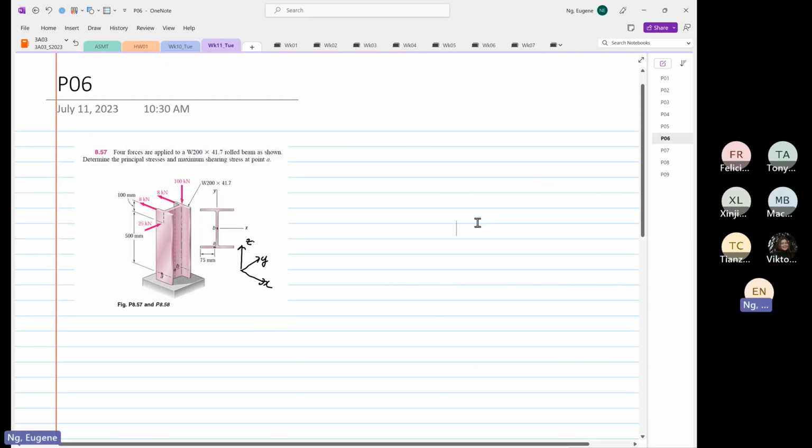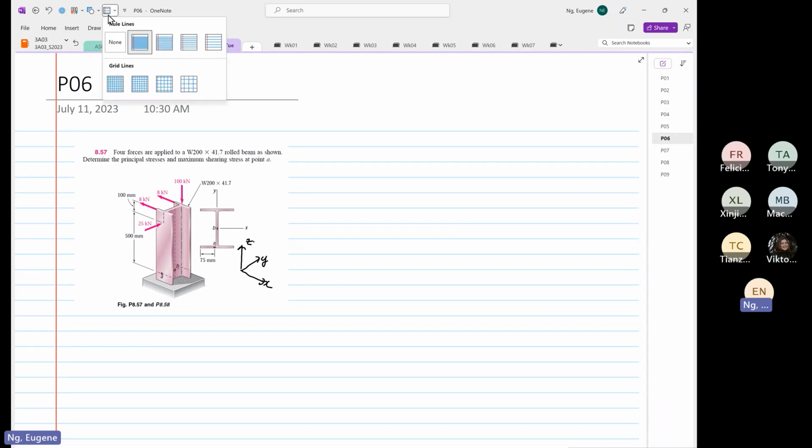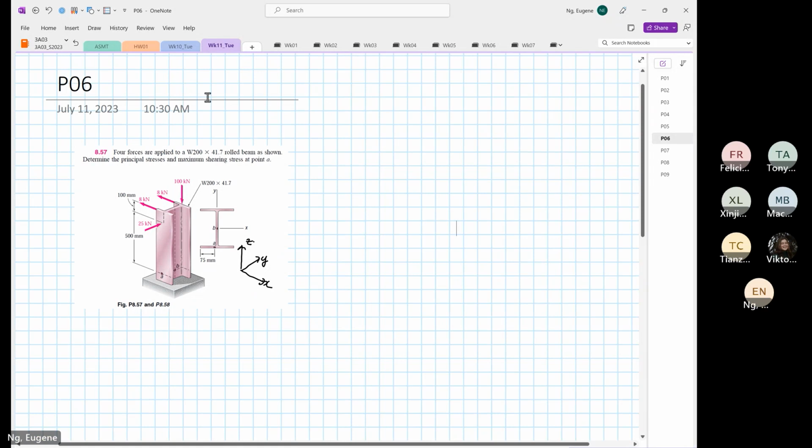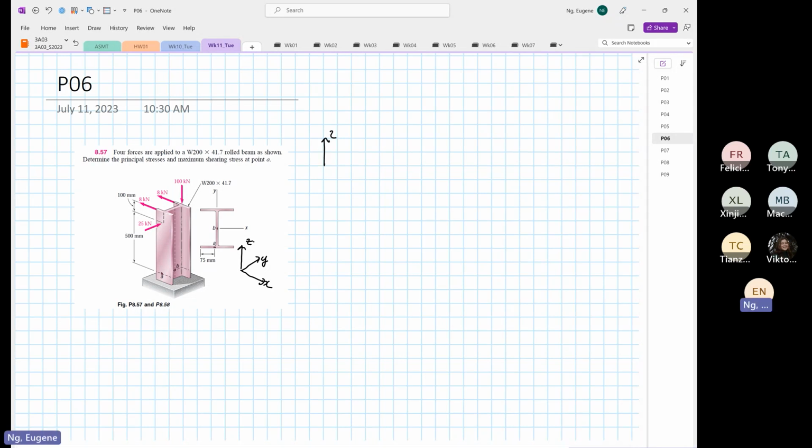So the view that we're going to do now is the YX view, or we're going to view on the YX plane. So we know that this is our ZX plane, and this is our X. Again, I'm going to sketch this out.